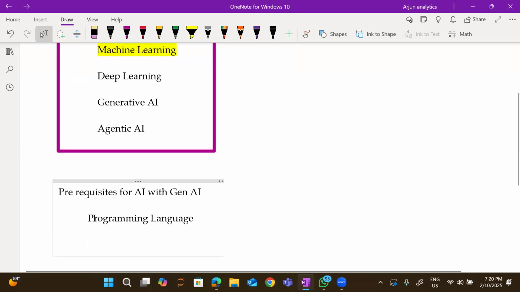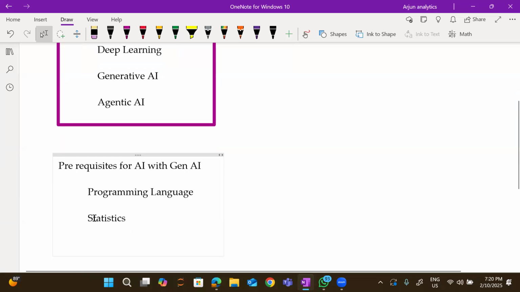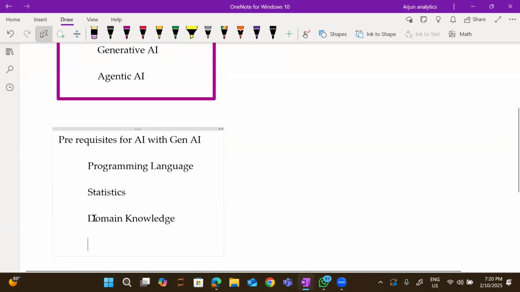Okay, then next is statistics. Okay, the next one is domain knowledge, and next one is visualization. These are some of the basic requirements you have to know.